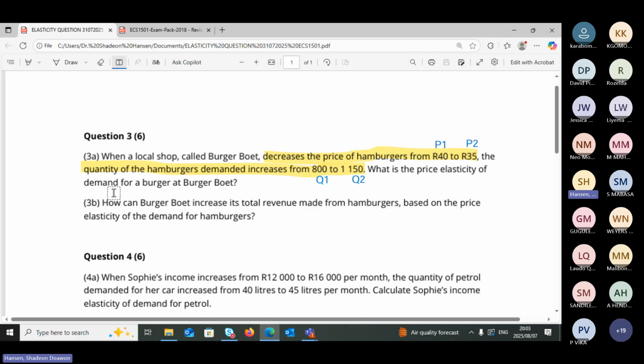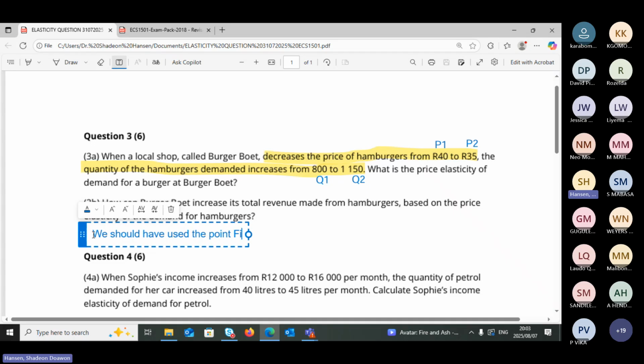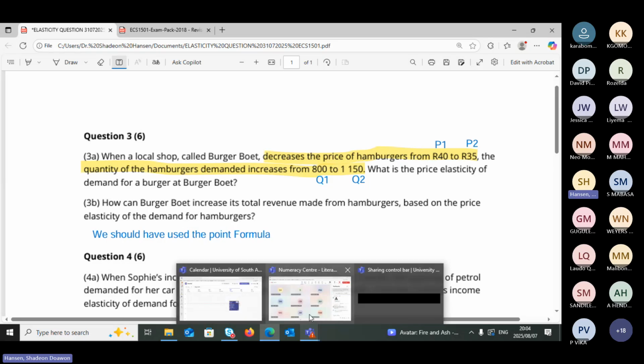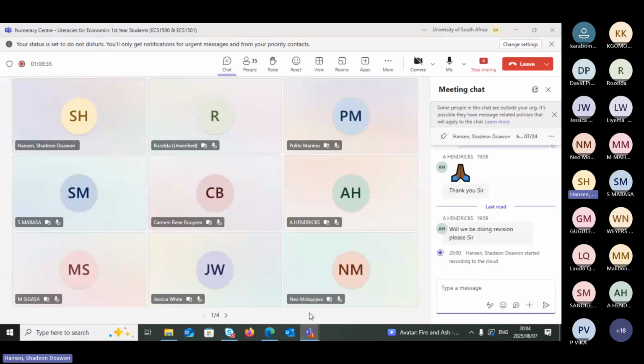So for this one, we should have used the point formula for both question 3 and question 4, right? But the thing is, we can still do it. We can just make another PDF out of this and out of that. And then, of course, we can use the point formula. Are we sorted with that? We can still do that. We can use the point formula.